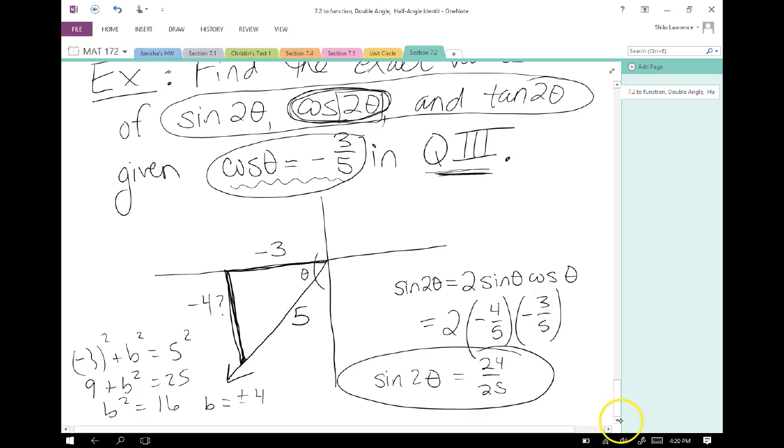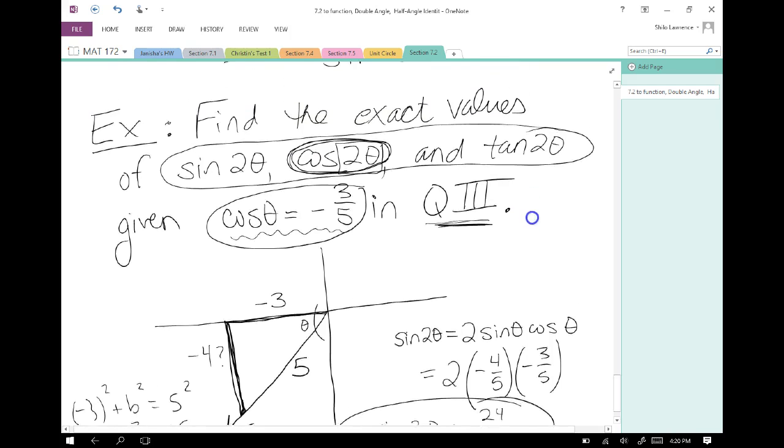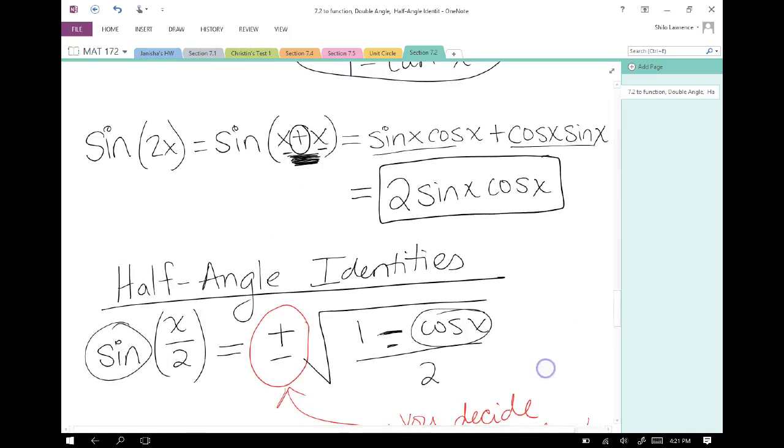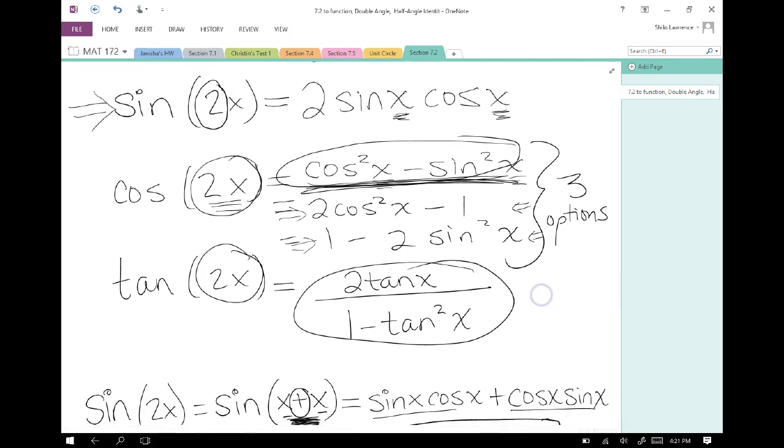They also want to know cosine 2 theta. We've got 3 different identities for cosine 2 theta. So let me go back up here again real quick. We can use any of these for cosine 2 theta. So it might be easier to just use one of the formulas that only has one trig function in.